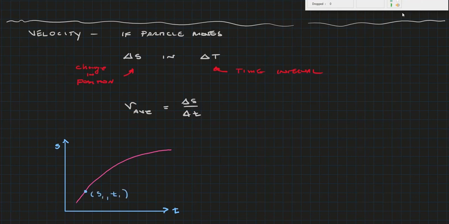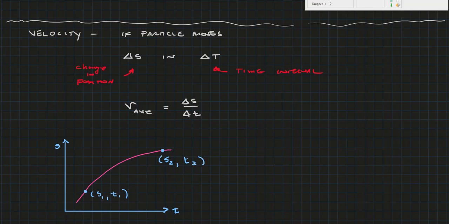This is the position of our particle at S1 at time 1, and the position of our particle at some other position at time 2 is here.